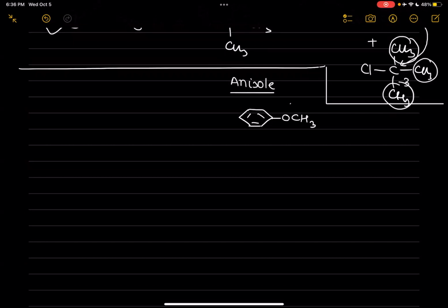Either you can break it in this way, and as per this choice, you need to take oxygen with phenol, that means phenoxide ion, and CH3I, or Br, whatever. Alkyl halide. As per this choice.